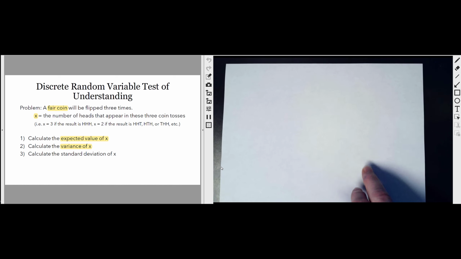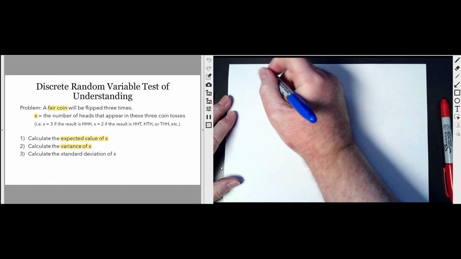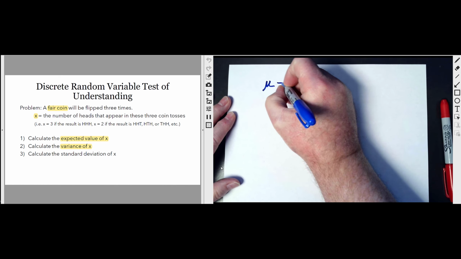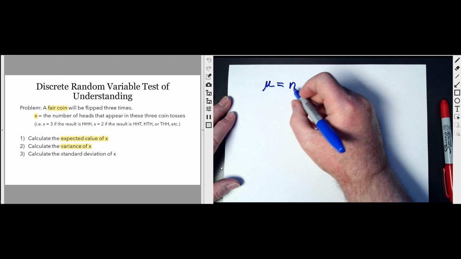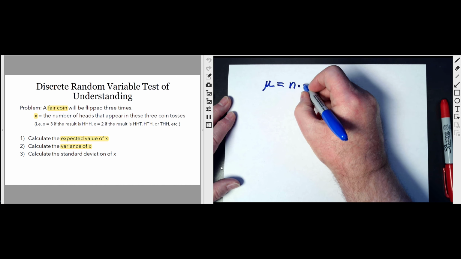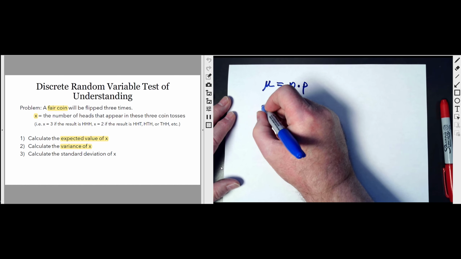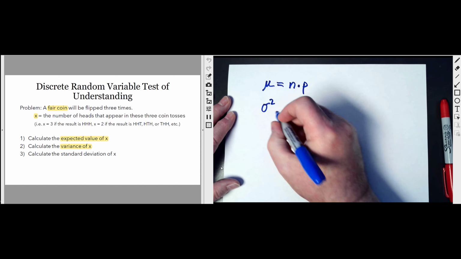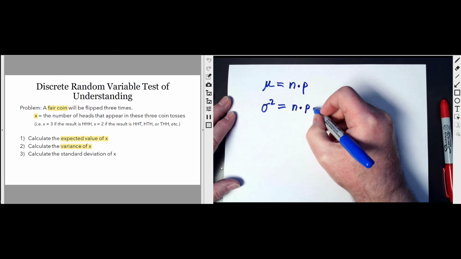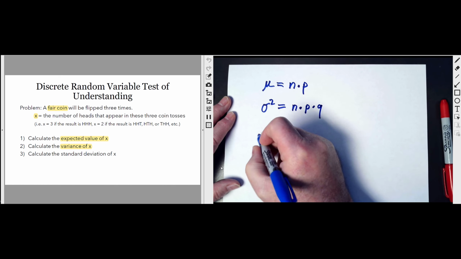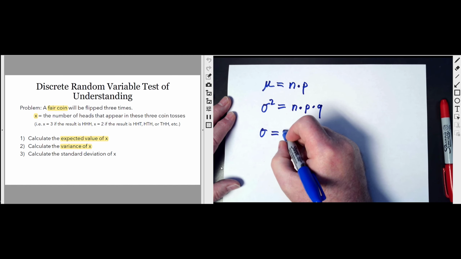You may or may not remember from the last module that the mean is simply the number of trials times the probability of success. The variance is the number of trials times the probability of success times the probability of failure. And the standard deviation is simply the square root of that.